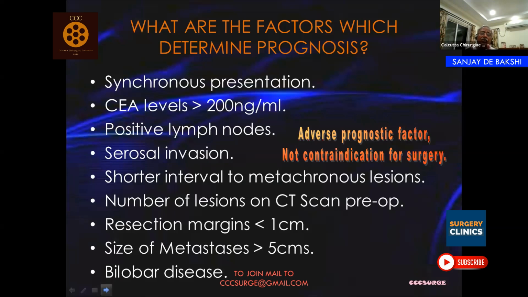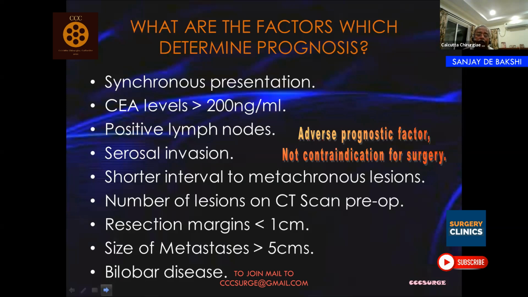Synchronous presentation, a CEA level of more than 200 nanograms per ml, positive lymph nodes, serosal invasion, shorter interval to metachronous lesions, number of lesions on CT scan pre-op, resection margins less than 1 centimeter, size of metastasis more than 5 centimeters, and bilobar disease. These are adverse prognostic factors. They are not a contraindication for surgery.